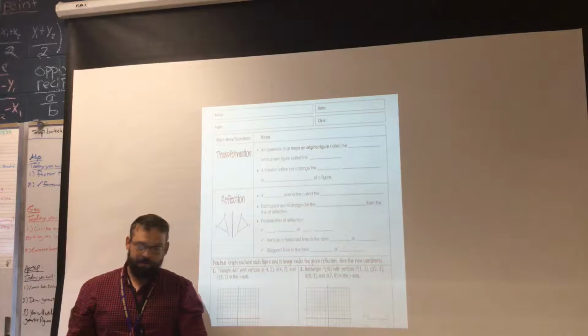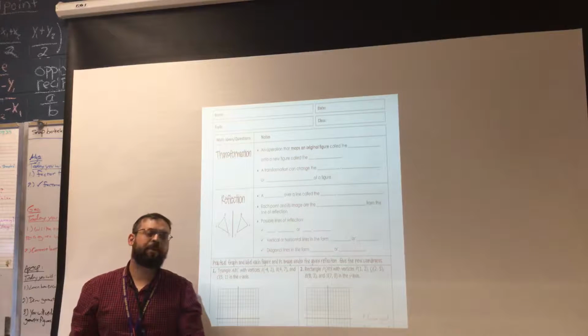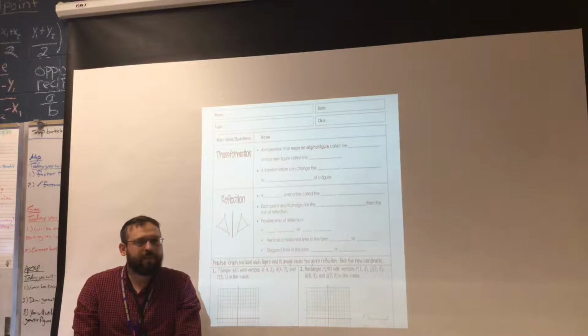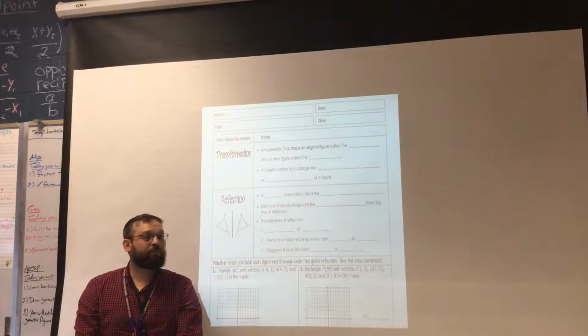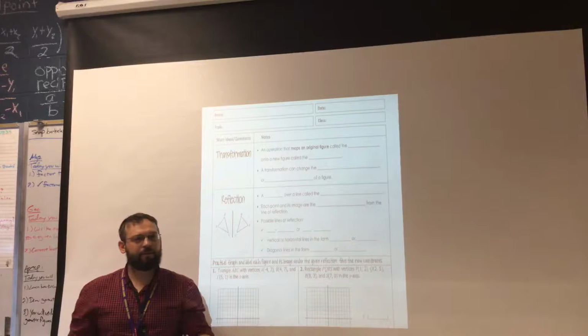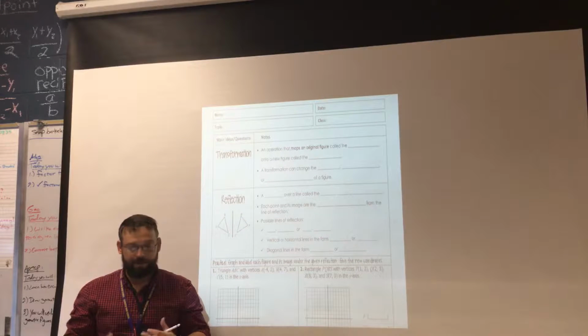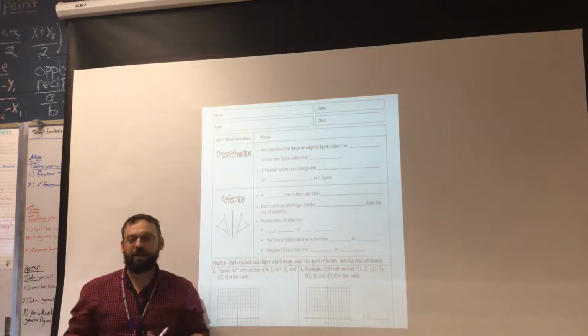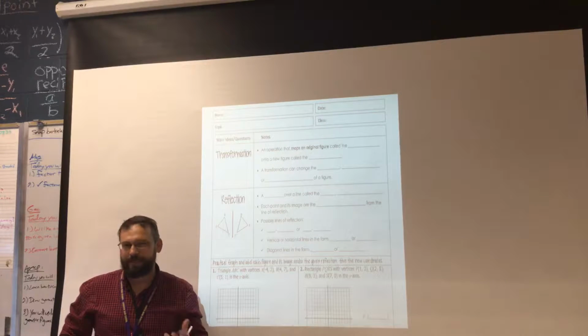This unit is relatively short, but I can't overstate its importance, because the properties of transformations that you learn here in geometry are really important to understand for algebra 2. So you really need to dig into this. It's not hard. I think it's kind of fun because you get to draw pictures and move things around, but it can be a little tricky at times.